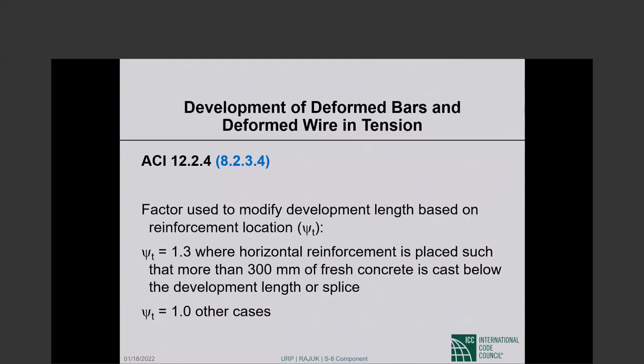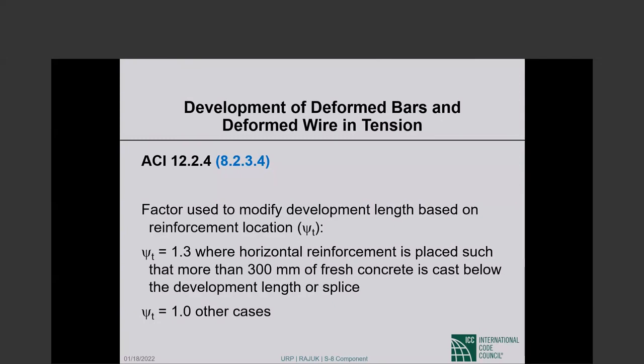A top bar is a bar having more than 12 inches of concrete cast in one lift underneath the bar. If you have a top bar, psi sub T is 1.3.